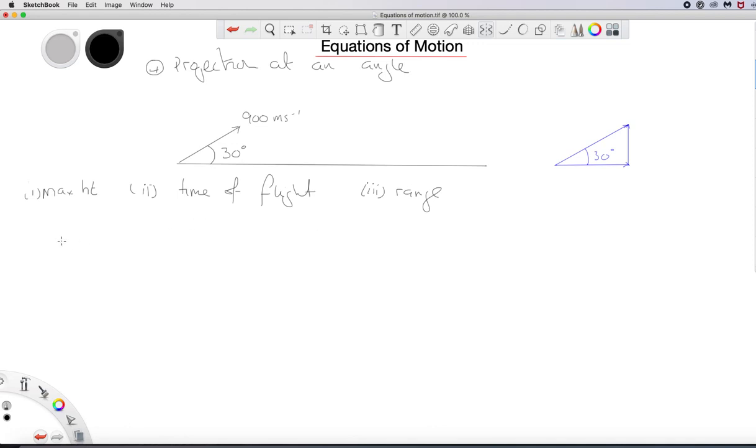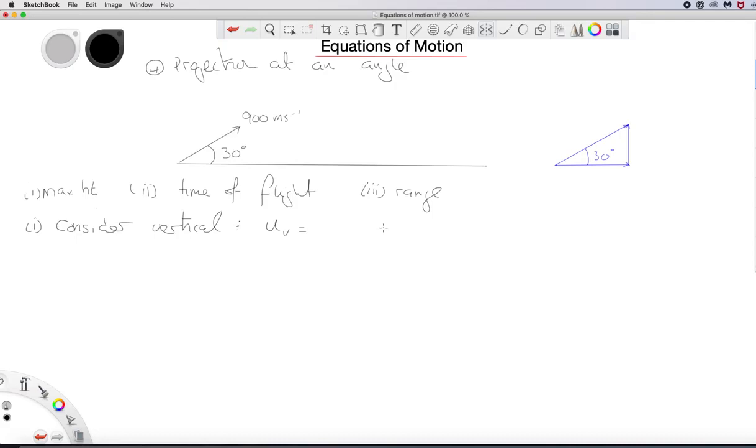So, looking at our first part of the question, the maximum height. This is all about the vertical motion. And so we want to know our initial vertical velocity.